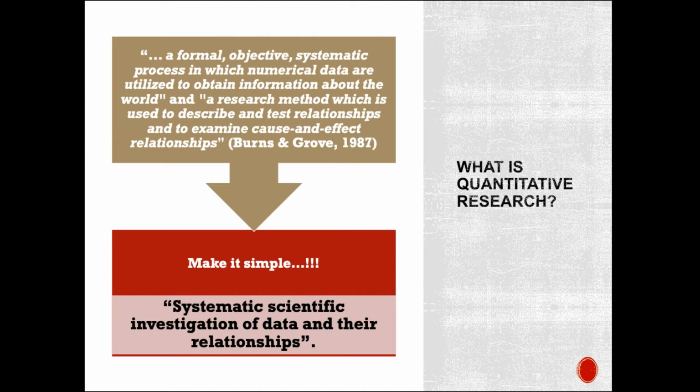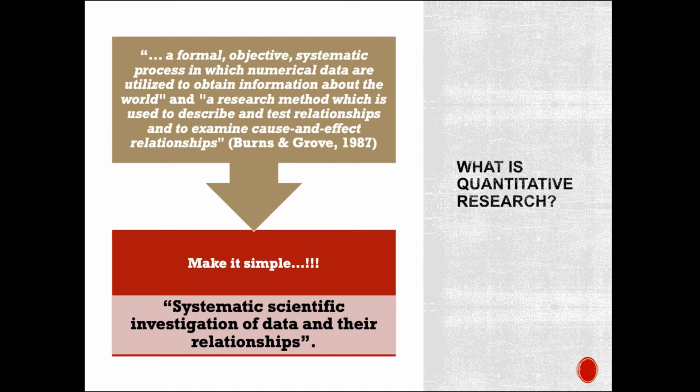So to make it simple, it is a systematic scientific investigation of data and their relationship. You gather numerical data, you will have a scientific investigation or a scientific method. We will see this later, how we are going to do it. And you come out to find a relationship between variables, between objects. So this is what we call quantitative.